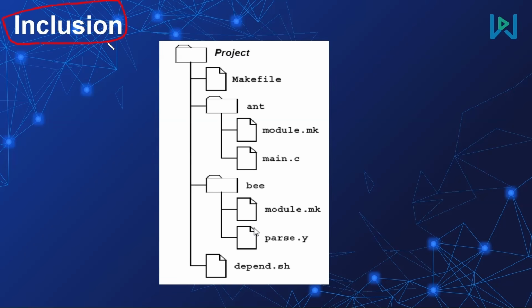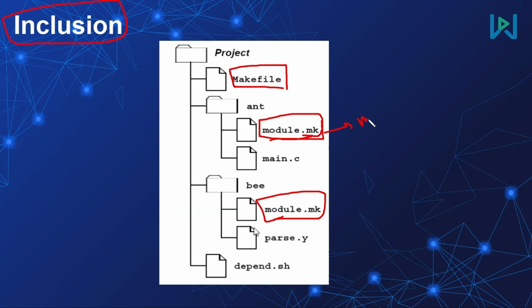Inclusion, on the other hand, which is another characteristic and aspect of our make command, will include a Makefile-based file within a top-level Makefile. So these included files are not standalone Makefiles, meaning we cannot invoke them via the make command.